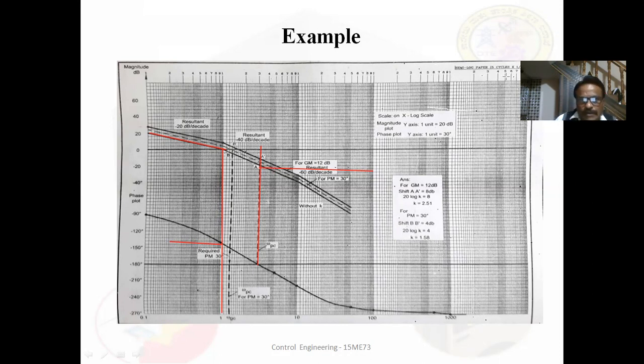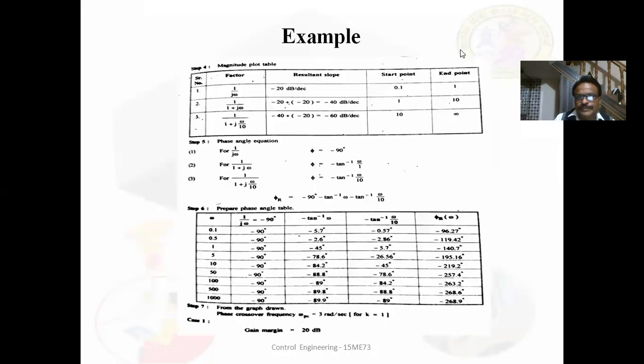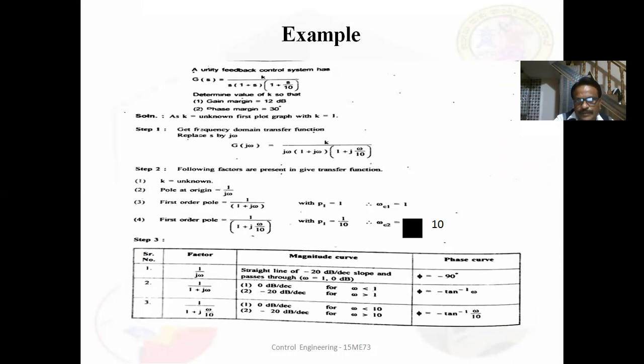But our objective is to find the new k value for two conditions. What are the conditions? One, determine the value of k when gain margin is 12 dB.